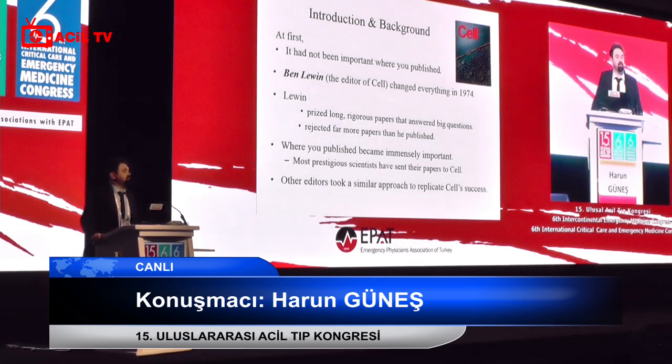He was the editor of Cell. He prized long, rigorous papers that answered big questions and rejected far more papers than he published. Then suddenly, where you published became immensely important.